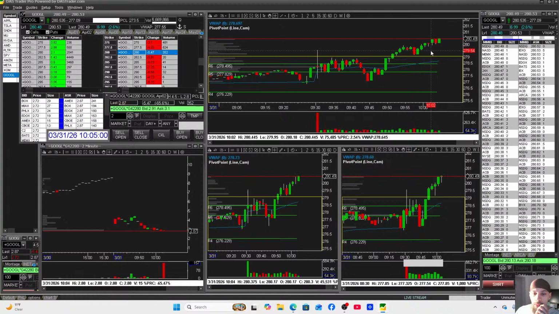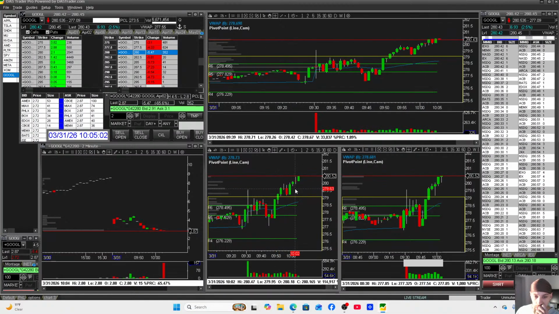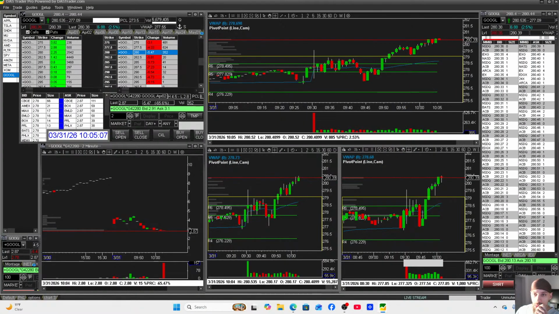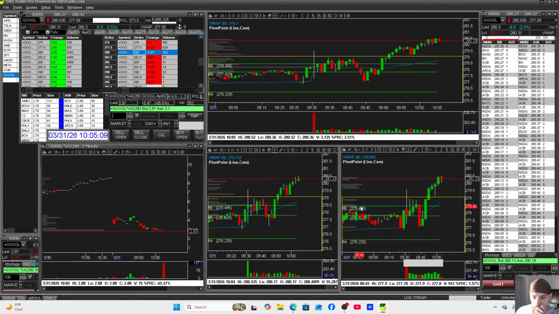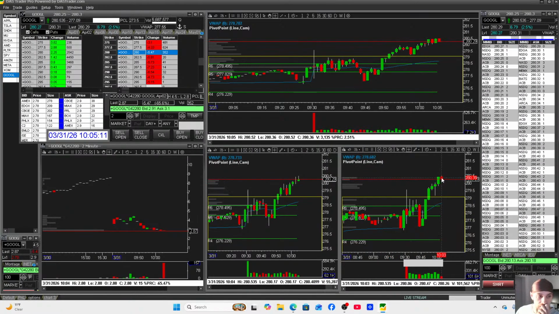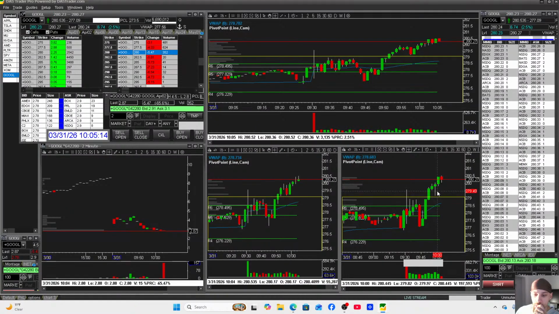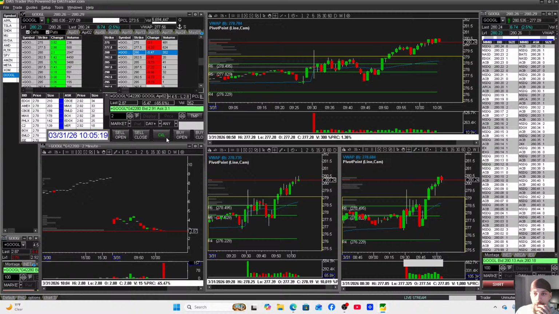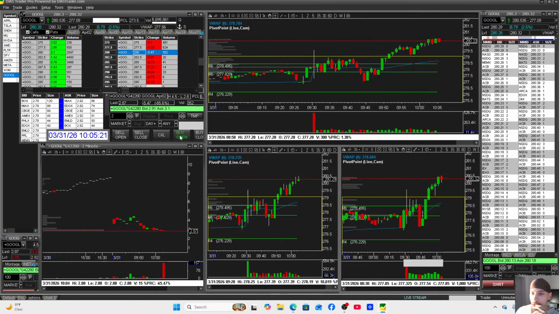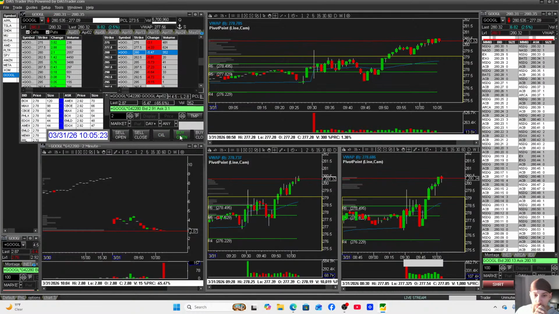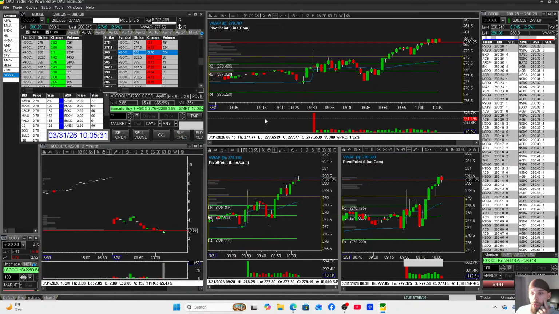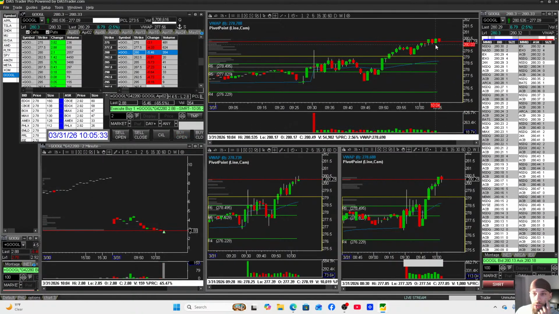Let's see. Seems weak. Long puts, 2 contracts, looking for the move down.